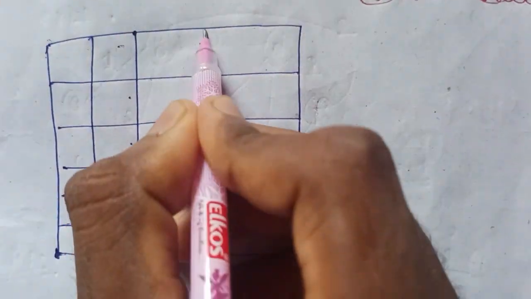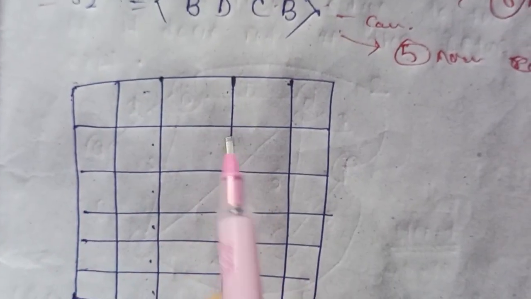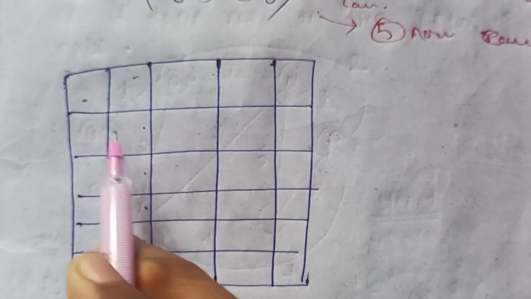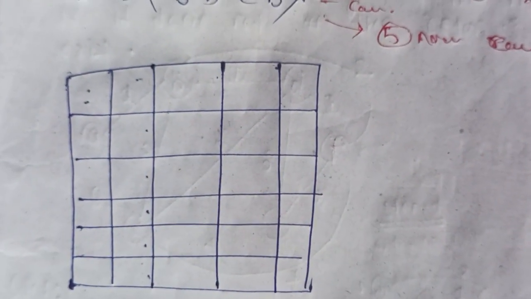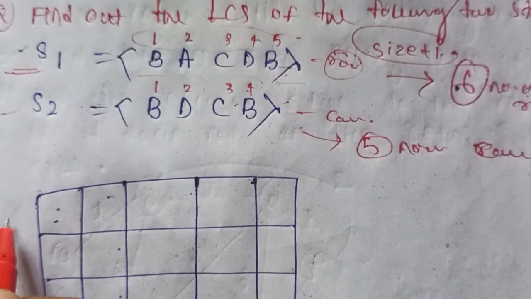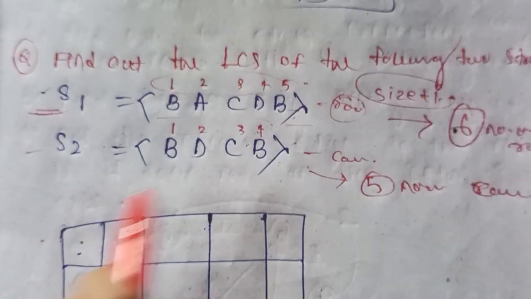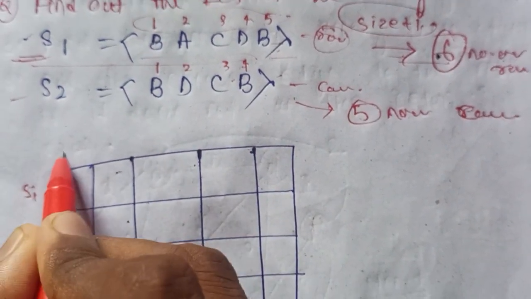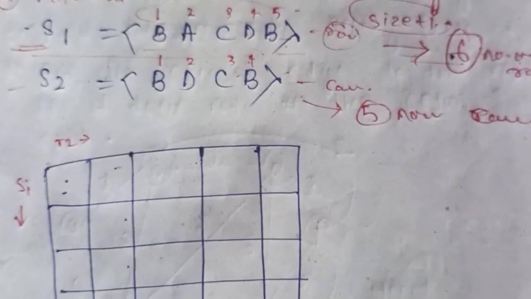See how many rows and columns there are: 6 rows, 1, 2, 3, 4, 5, 6, and 5 columns. Here S1 means rows, and here S2 is the columns.